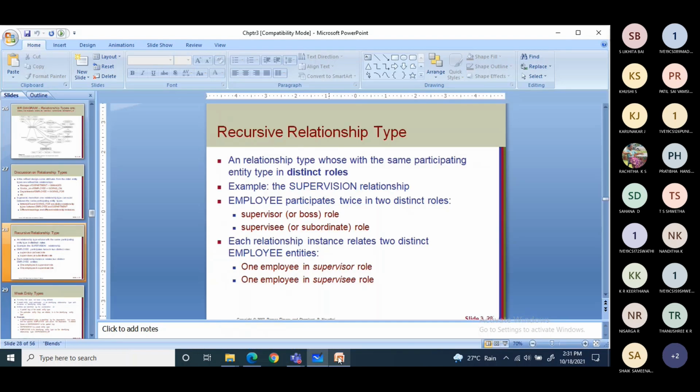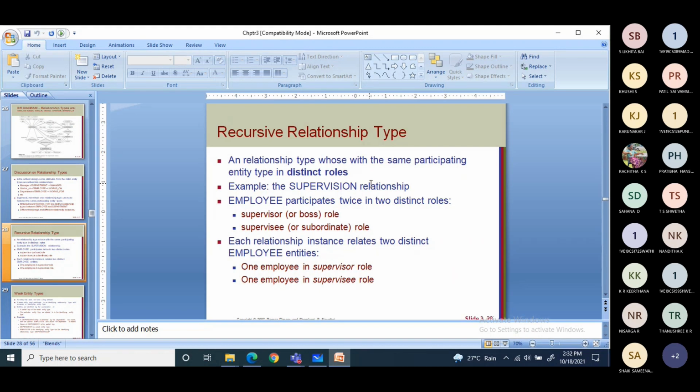Recursive relationship type is a relationship type with the same participating entity type in distinct roles. For example, supervision is a relationship type. For that, employee participates twice in two distinct roles: supervisor, which is the boss, that is the role of one employee, and supervisee, that is a subordinate or normal employee, we can call the worker role.